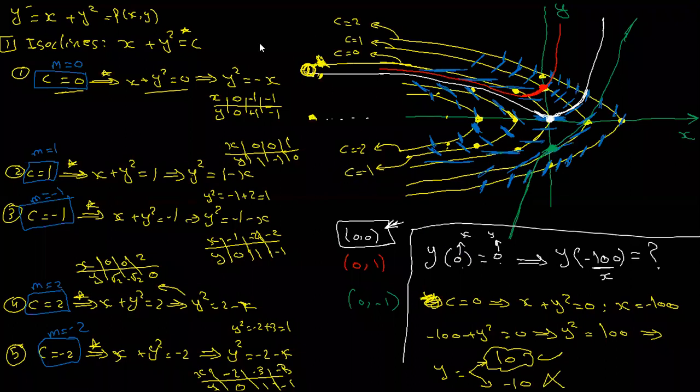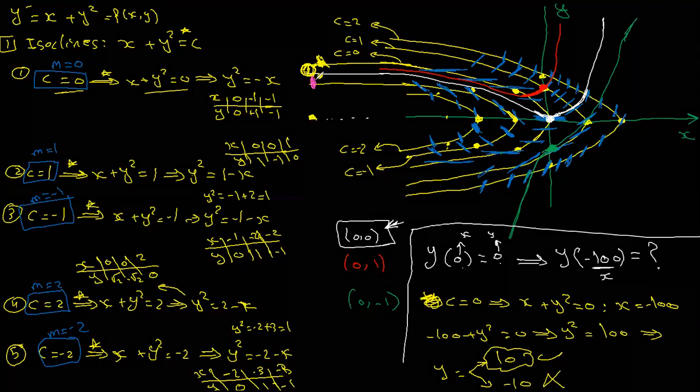So here, I'm going to use this color. You asked me whether this isocline, this one, will also be very close to the curve. Okay, so let me choose this instead of this. And this isocline comes from c equals negative 1, am I right?